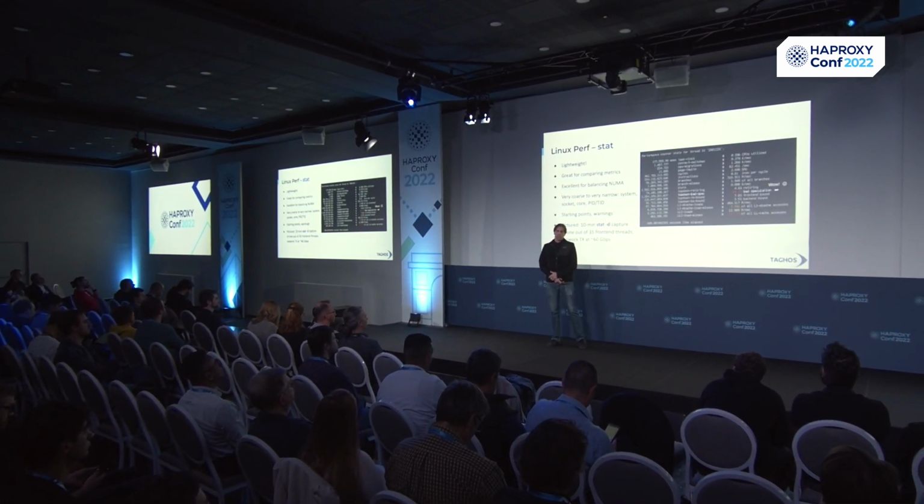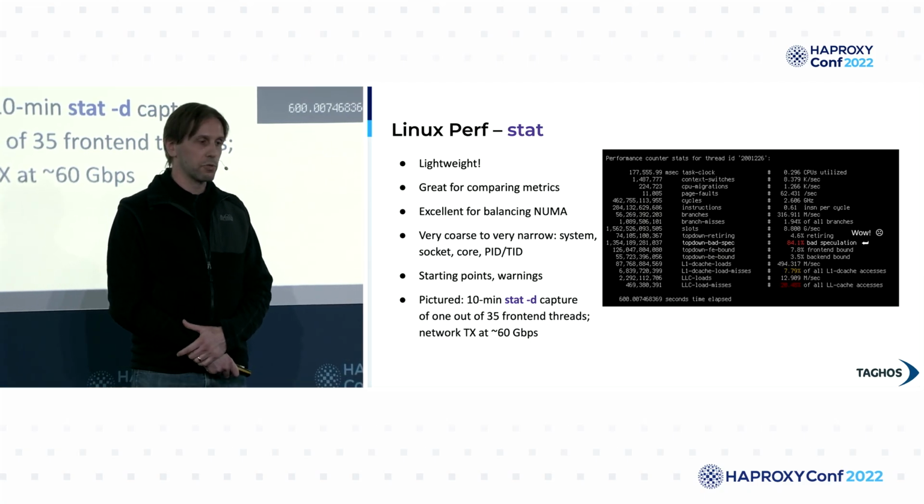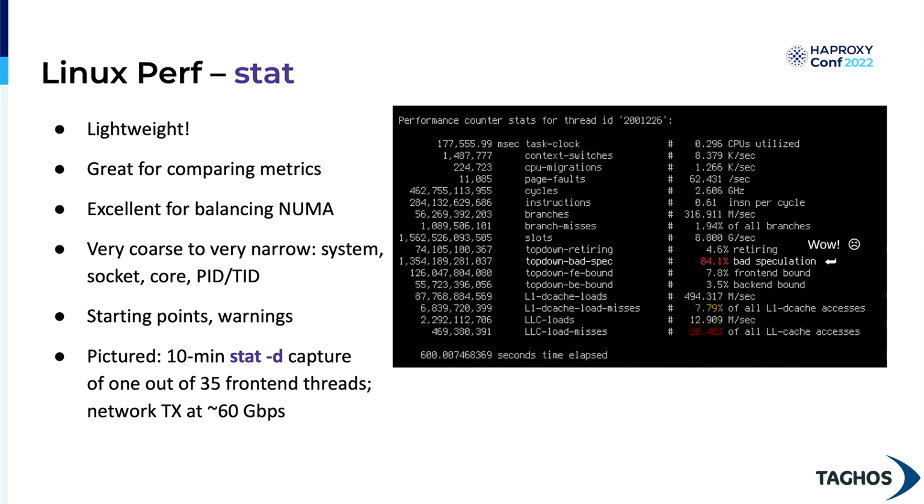We also use Linux Perf, which these days is a huge tool, so we have to describe subcommands. Here we have perf stat, which is very lightweight. It is great for precisely comparing metrics.